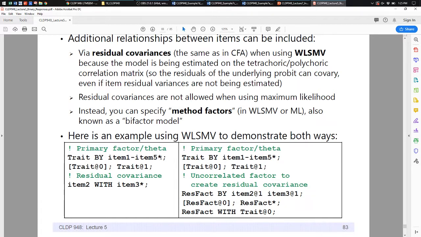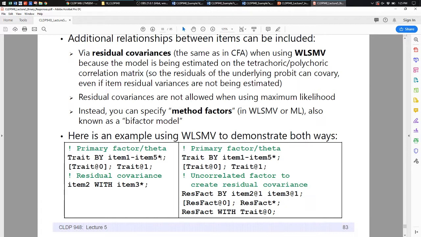So instead, what you end up having to do is create another factor. So in this example on the right here, I'm calling it resfact. And the two items that load on it are the two items for which I wanted a residual covariance. I fix their loadings to 1 to create a positive covariance. If you know that you need a negative covariance, you would flip it so that one of these loadings is -1, and you estimate its factor variance.